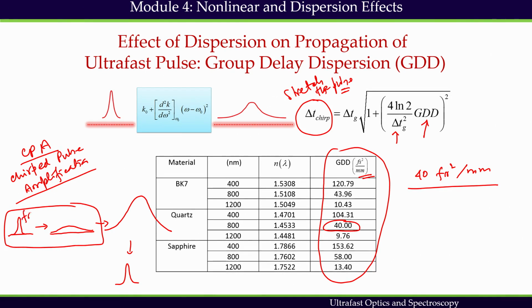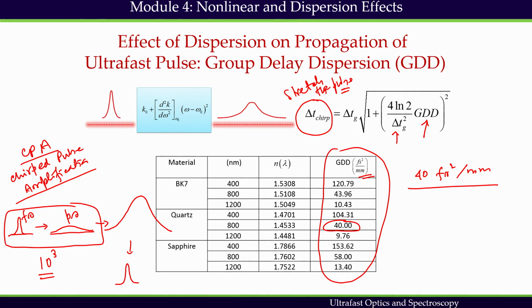Like if we have a femtosecond pulse, we make it a picosecond pulse. So we first create a 10^3 times longer pulse, and then we amplify. That's the basic idea of chirped pulse amplification.